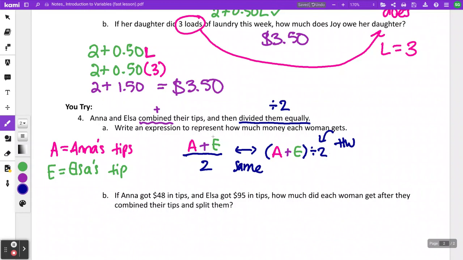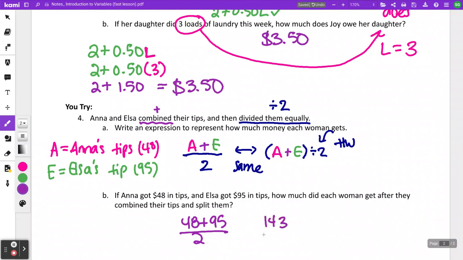Once you have your expression here, it helps us with part B, because in part B, we're just plugging in those numbers. So I'm going to replace Anna's tips with 48, because that's how much she made in tips. Elsa got $95 in tips. So in our expression, it's going to say 48 plus 95, all of that divided by 2. Well, 48 plus 95, let me do quick mental math here, is going to be 143.